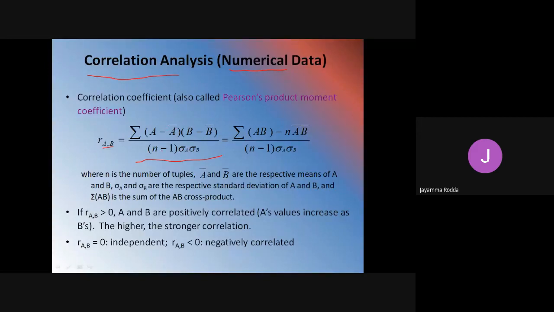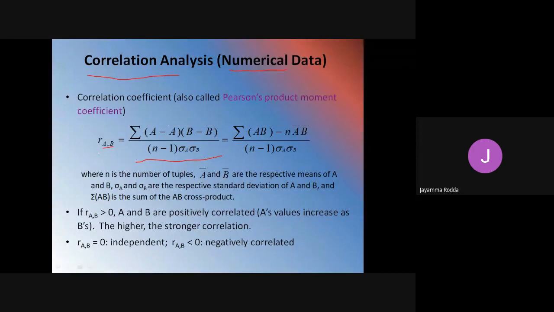N is the total number of tuples we are going to compare for A and B. Sigma A is the standard deviation of attribute A, and sigma B is the standard deviation of attribute B.